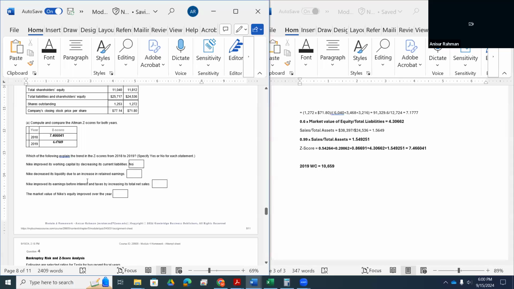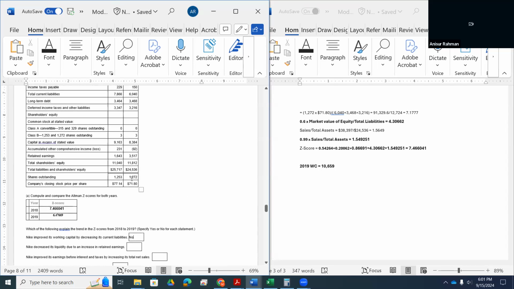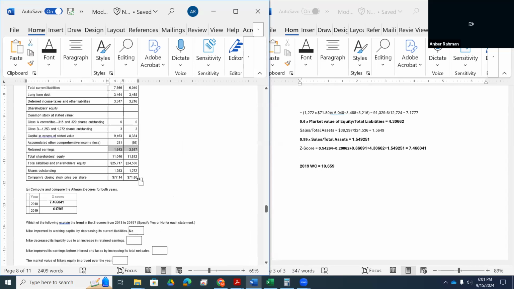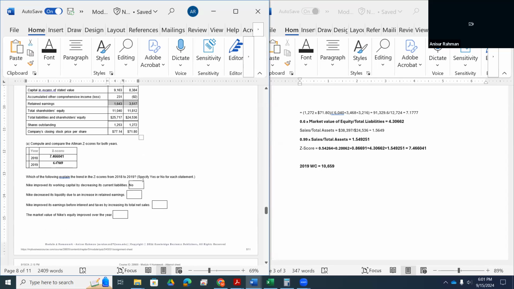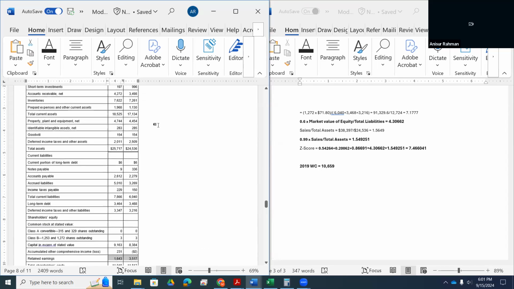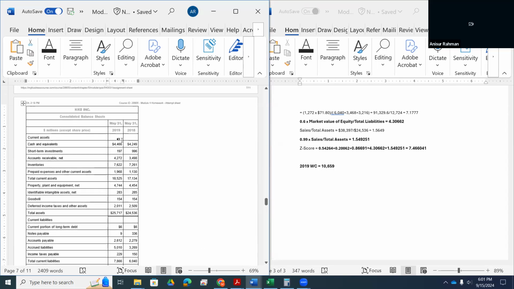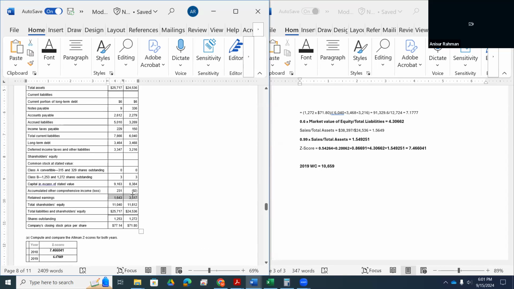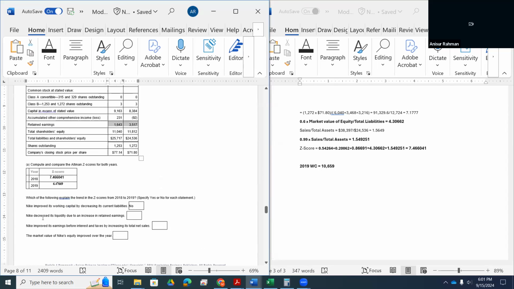Nike decreased its liquidity due to an increase in retained earnings. Let's see. What happened to retained earnings? Retained earnings decreased from 2018 to 2019. So retained earnings actually decreased, not increased. So that is also not true.